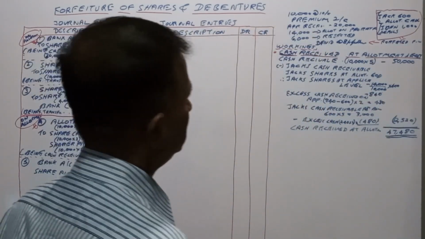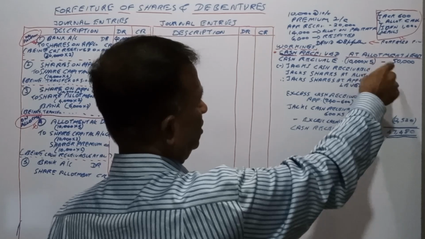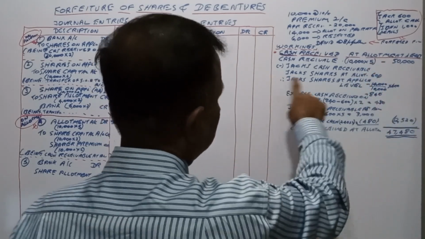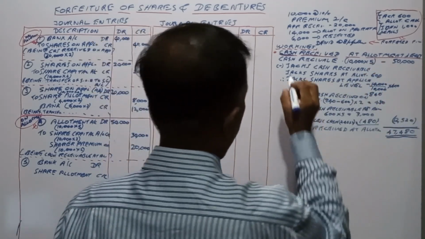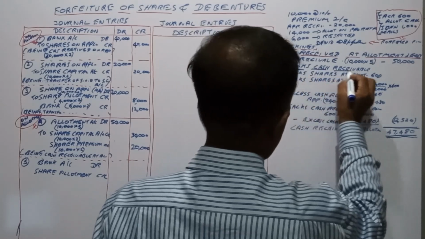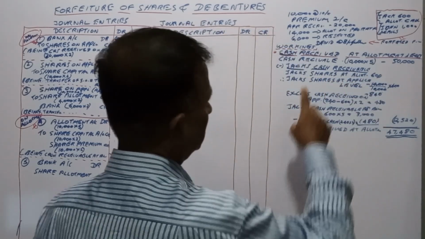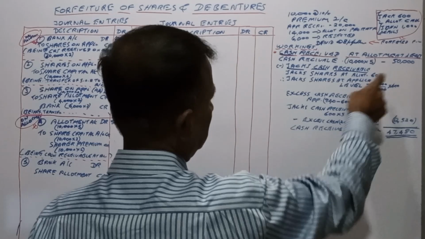Cash receivable is 10,000 into 5, 50,000. Jack's cash receivable calculation, right? Jack's shares at allotment level is 600.